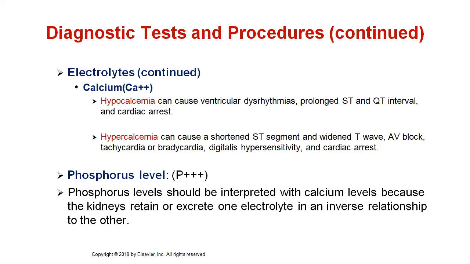The common signs and symptoms of hypercalcemia are lethargy, weakness, anorexia, nausea, vomiting, and constipation. Too much calcium causes constipation. Also, too much calcium causes polyuria or hypercalciuria to develop.